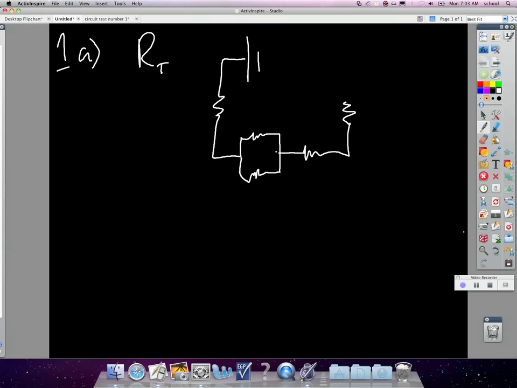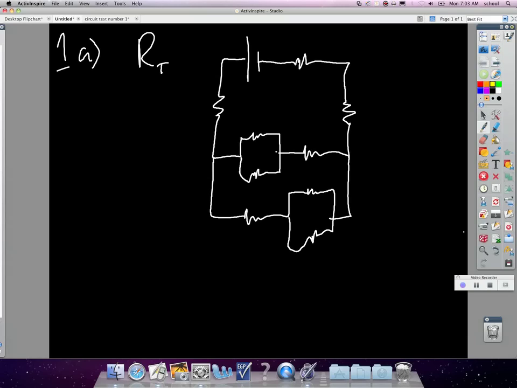I want the total resistance, so I'm going to shrink this 4 ohms.